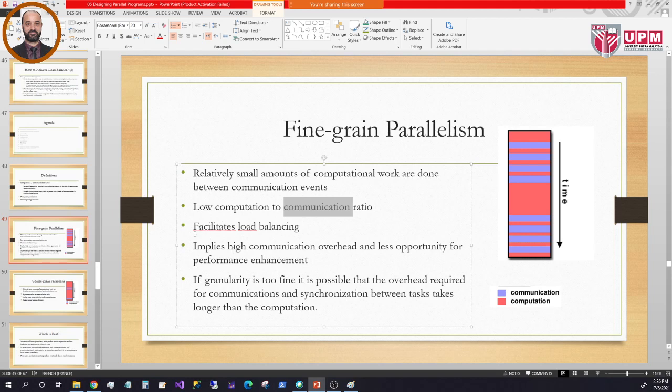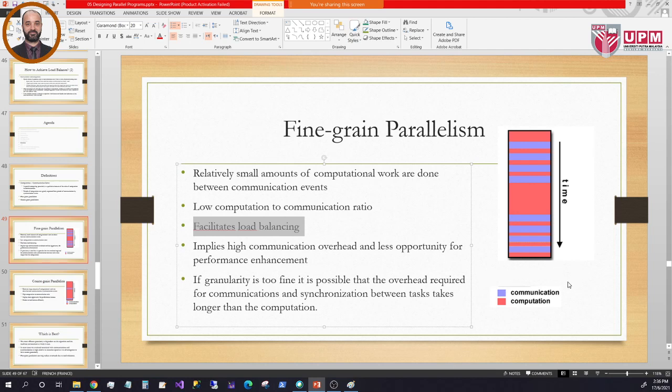Then, it facilitates load balancing. This will help us to do load balancing, though sometimes, based on the nature of the program, you cannot do any kind of load balancing, because the nature of the tasks is to work together, or each task is different in size by nature, and those tasks are serial. In that case, you will not be able to do load balancing.